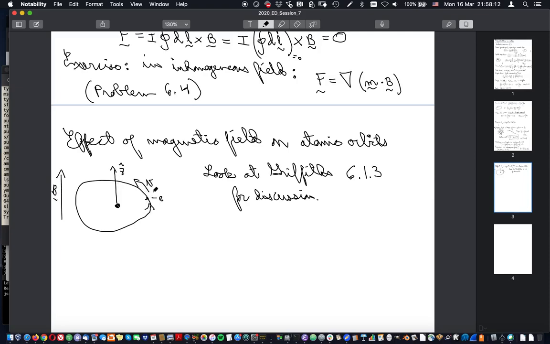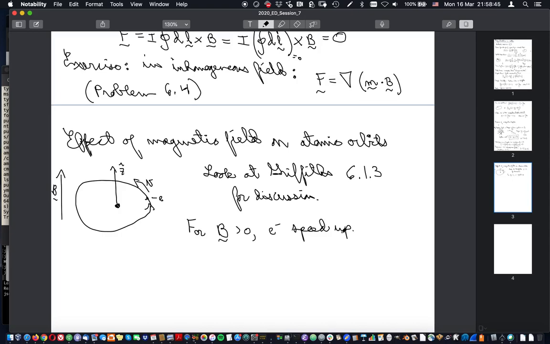You remember the force law, v cross B. This v cross B is going to give you a force, which means that you're contributing to the centripetal acceleration in this problem. So for B greater than 0, the electrons speed up.